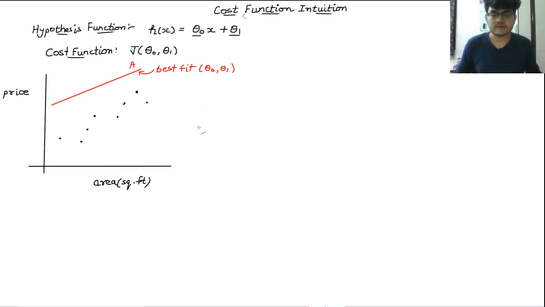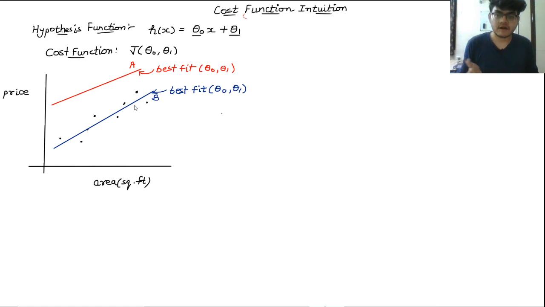There is another person, and he claims that this line, according to him, person B, is the best fit, and also he has chosen some theta 0 and theta 1 parameters in order to draw this line.